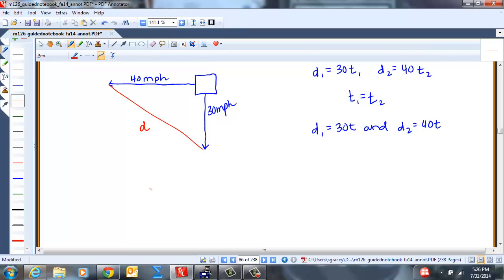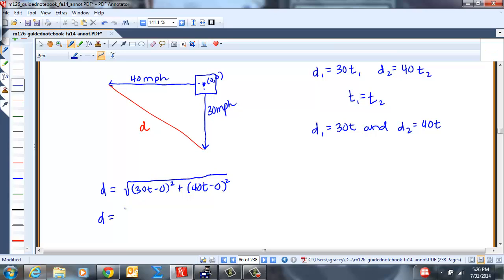But you could call this point here, if you think about where they're leaving from, say, an origin. So distance d in the red would be root 30t minus 0 squared plus 40t minus 0, the quantity squared.